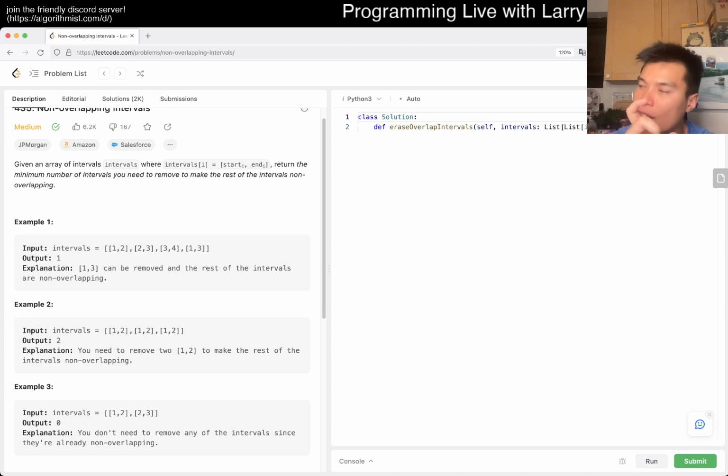That means that we, greedy is hard to prove. I'm trying to think about how to kind of get it right. So basically, if there are multiple intervals that start at the same place, to get more intervals, we clearly want to keep the shorter one.